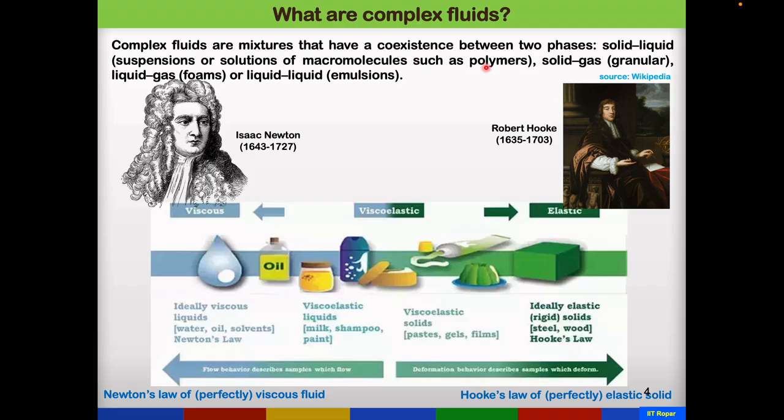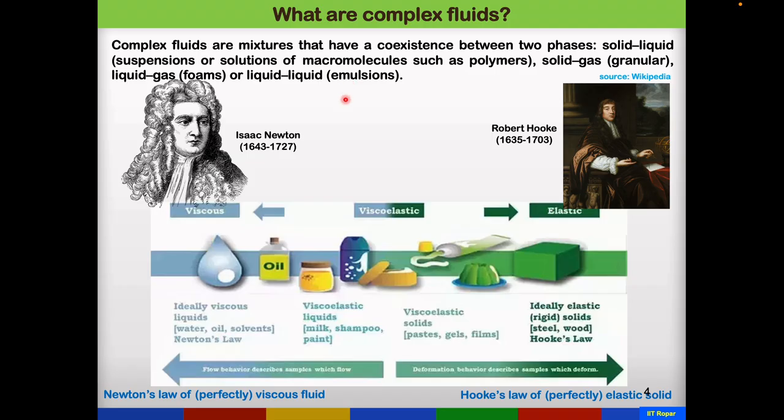For instance, you can have a solvent like water, and you can put some solid polymers into it, which will become a polymer solution. That is a well-known complex fluid. Similarly, you can have solid-gas mixtures, like granular flow, or solid-liquid-gas forms, like emulsions. All these are subclasses of complex fluids.